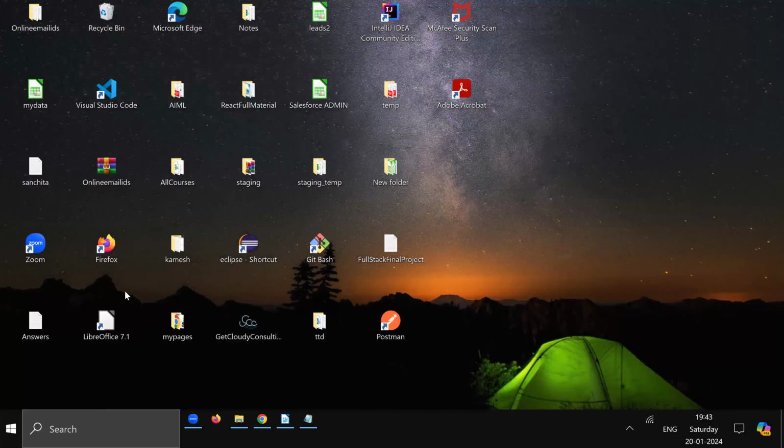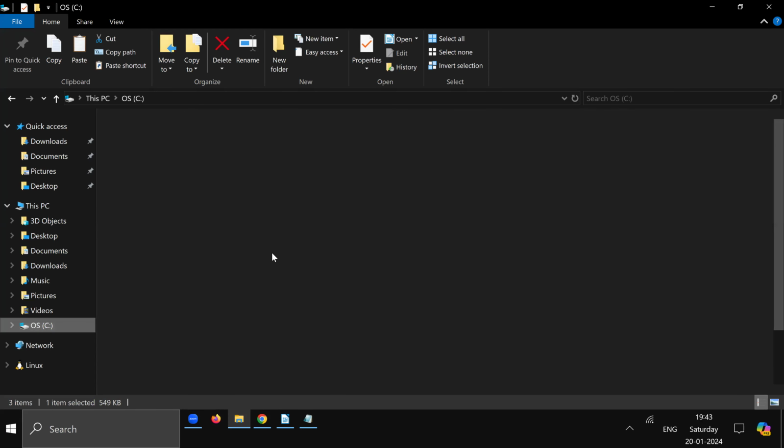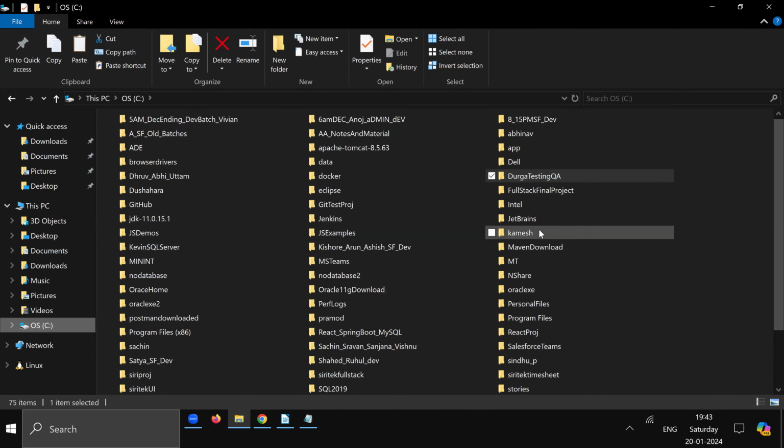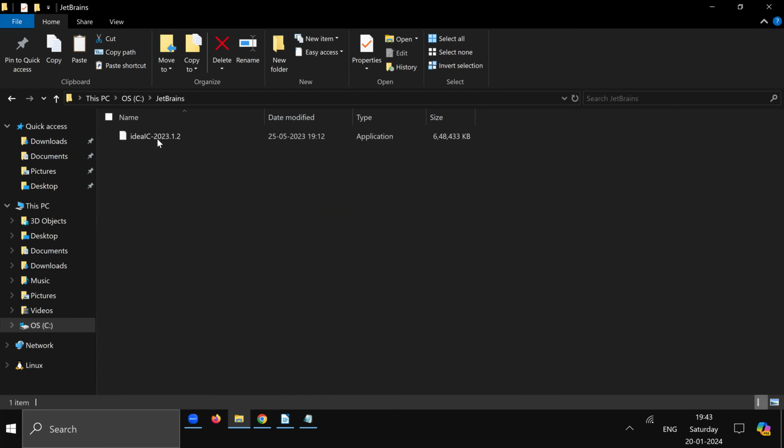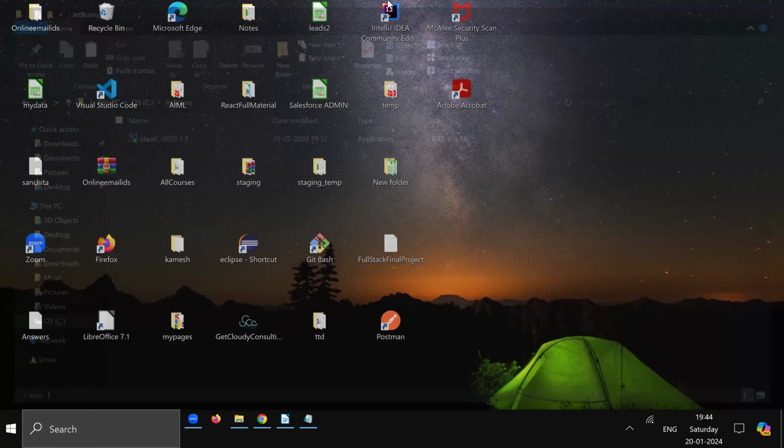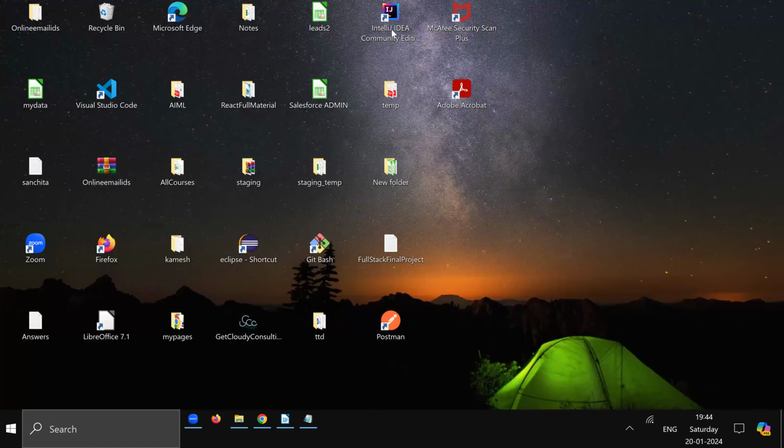See, that executable file probably appears in this fashion. C drive, JetBrains. I downloaded it some time back. Okay, this is a Community Edition. Simply double click and the installation process will begin. Very simple installation. Next, finish. That's all. After you successfully install IntelliJ IDEA, an icon will start appearing on your desktop like this.